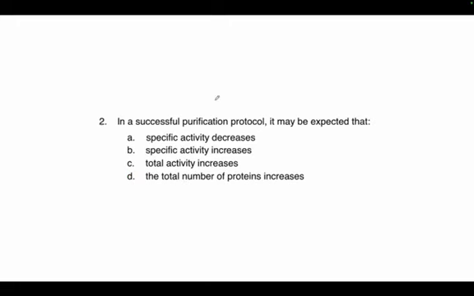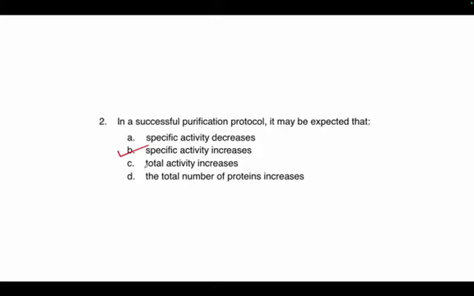In a successful purification protocol, it may be expected that, as we just discussed, one measure we use of purification is that the specific activity of our product should increase. Okay. The total activity is not going to change.